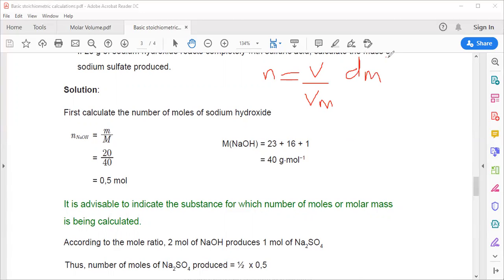It must be dm cubed over dm cubed, so that you're able to cancel them. So if it is cubic centimeters, you need to change it to cubic decimeters so that they can cancel.